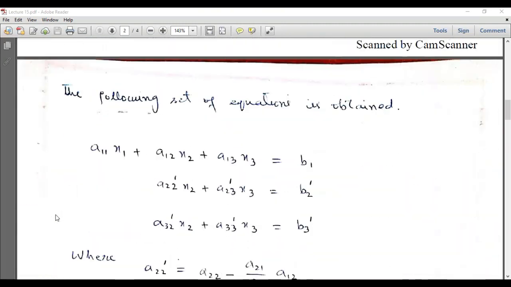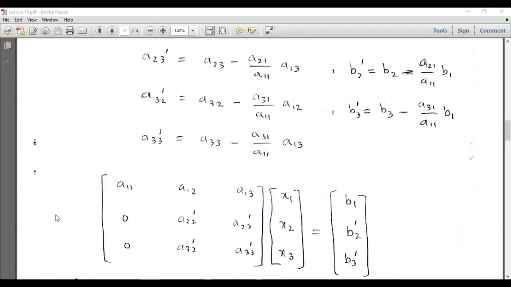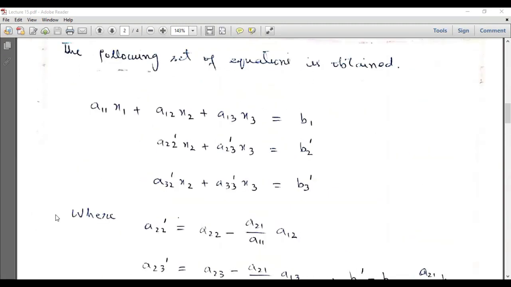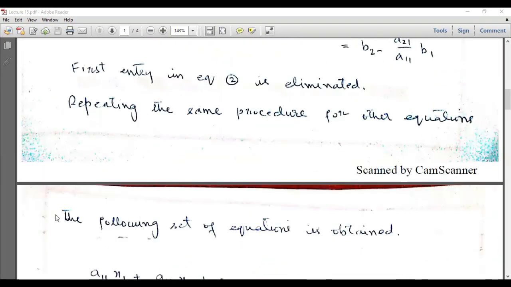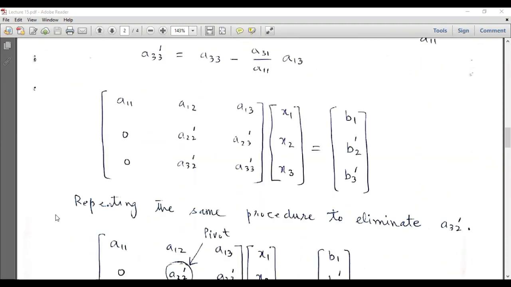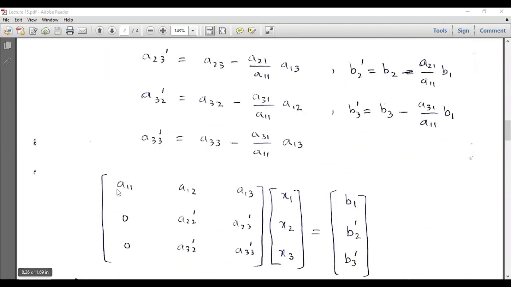In this method, we are given a set of n simultaneous equations which can be represented in matrix form, and we have to convert that system matrix into an upper triangular matrix. So this is an n by n, or a 3 by 3, matrix.